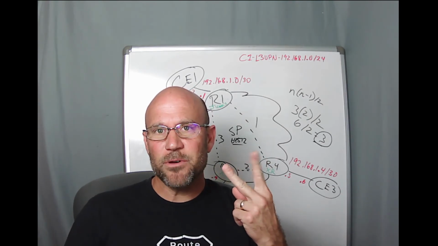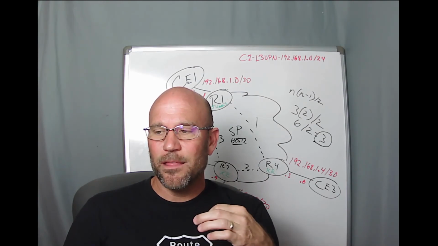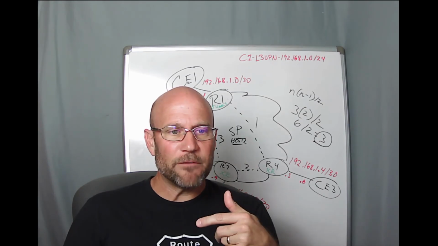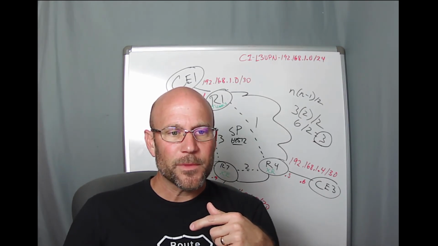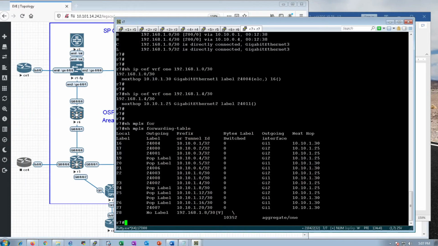So in a VPN, you have two labels. So this router, router 7, is popping the core transport label so that when it forwards that traffic to that ultimate hop, it then only has the VPN label. So we can see that in that case, let's stay on subject with the customer edge 3 subnet for router 4. The only label we have remaining is 24011.